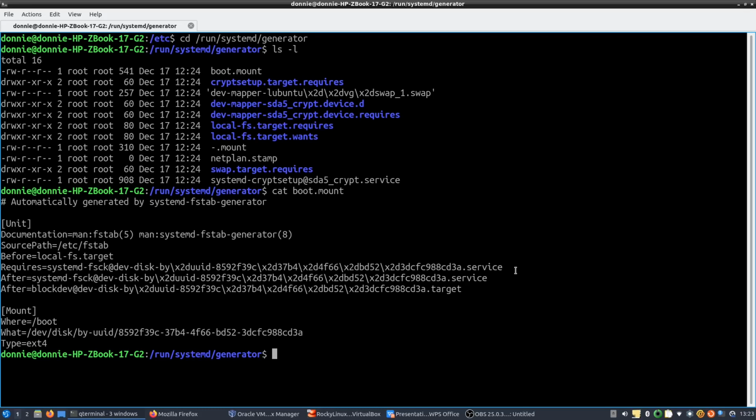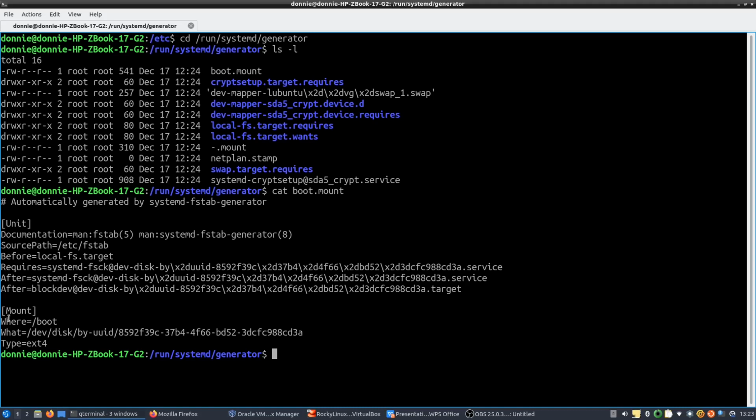A couple other file systems I think fsck works on, but you're probably rarely, if ever, going to encounter them. But in this case, we're running ext4. So the machine is going to do a file system check on our file systems every time we reboot the machine.